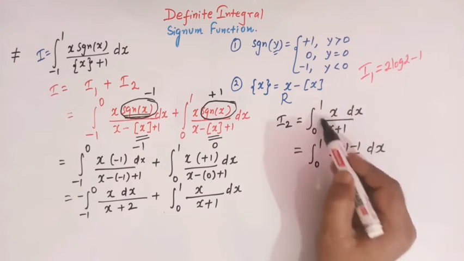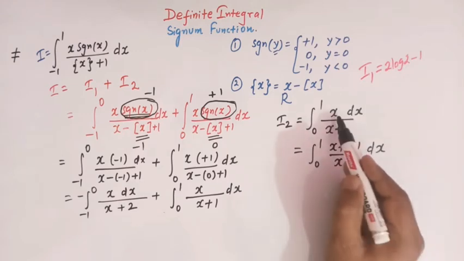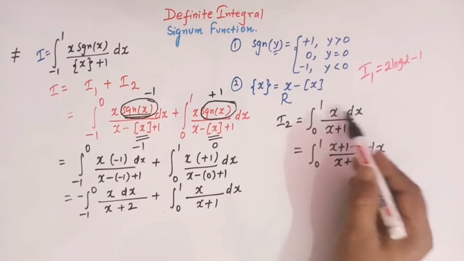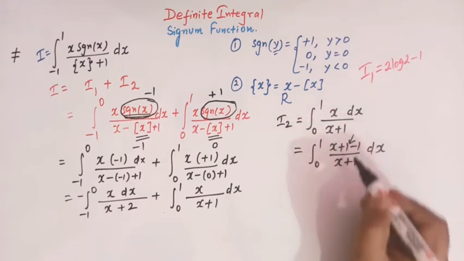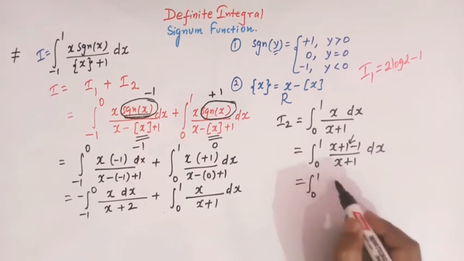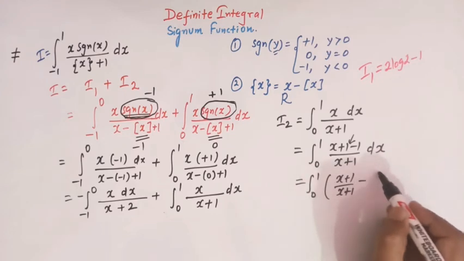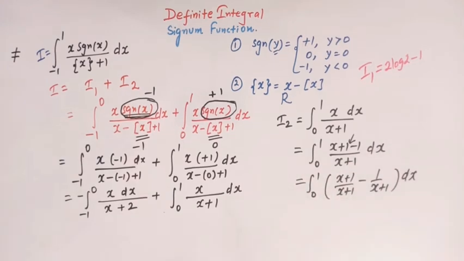Here what we have done is we have added and subtracted 1 in the numerator. So 1 and 1 get cancelled, and we'll get the original integral. So we'll now break this integral, and we have 0 to 1, and we have x plus 1 over x plus 1 minus 1 over x plus 1.